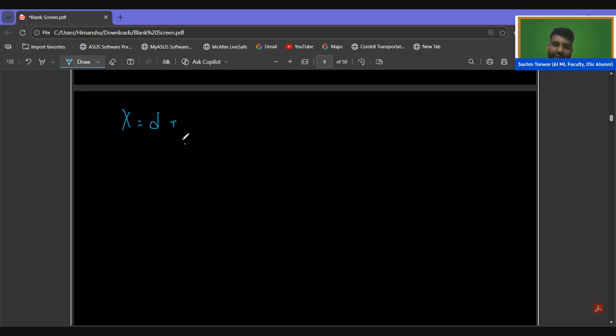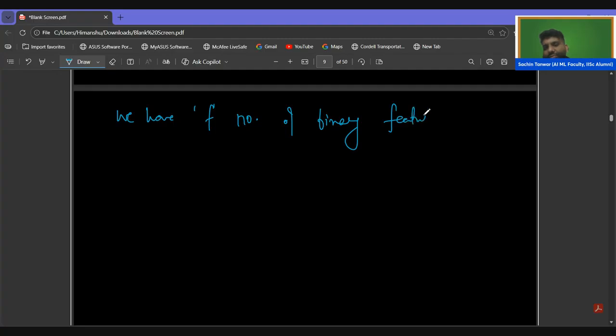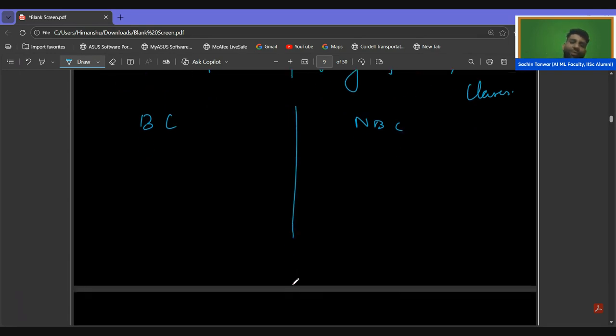Sorry, if I say we had f number of binary features, and let's suppose I'm talking about c number of classes. So what would happen in Bayes classifier and what would happen in Naive Bayes classifier? Let's just write it up.